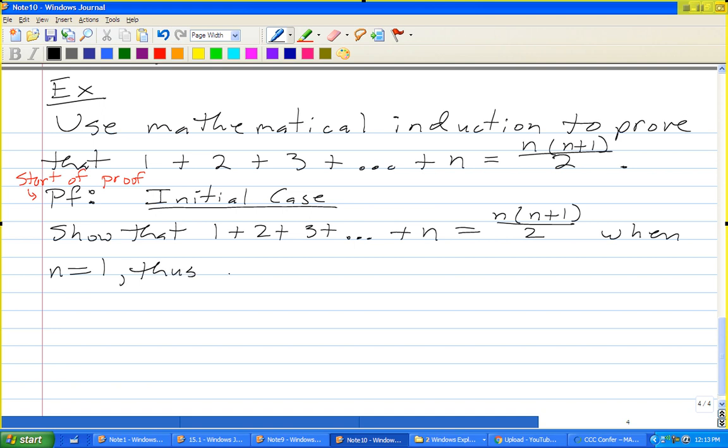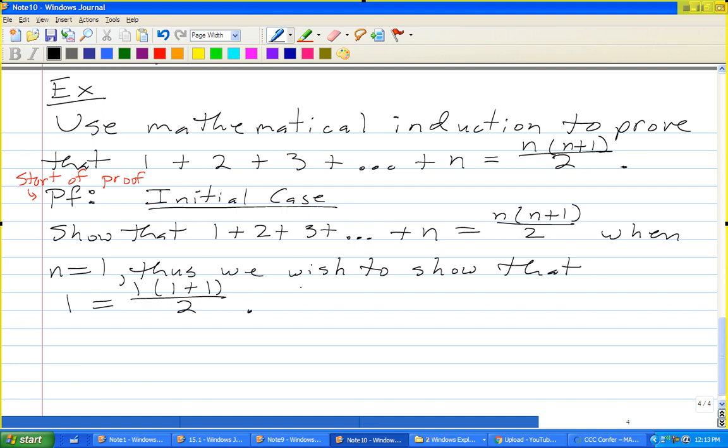Thus, we wish to show that 1, because I'm letting n equal 1, so that means you just have 1, is equal to 1 times 1 plus 1 over 2. Okay, so let's see if that's true.